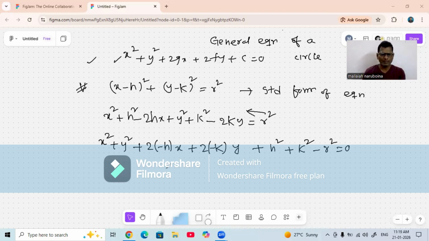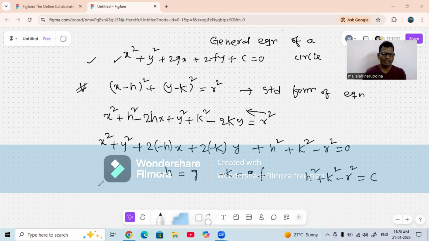Now, in the place of minus h, replace this minus h is equal to g, right? And replace this minus k with f. Then h square plus k square minus r square, replace all these terms together with c.